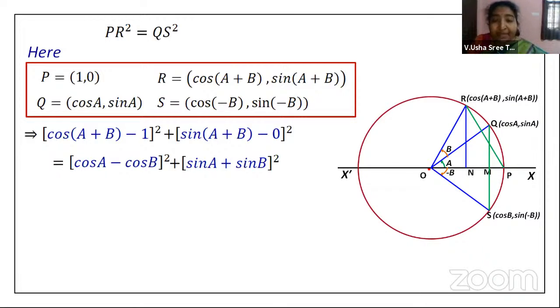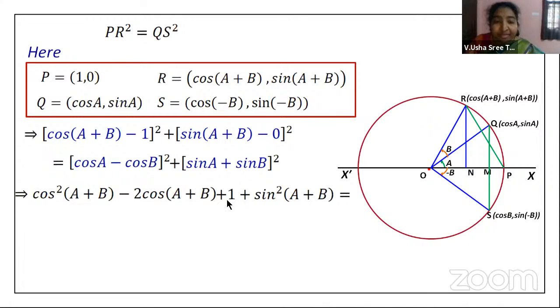Then we will expand it by taking the A plus B whole square form, children. Now this is the A minus B form. Therefore, we will say cos square of A plus B minus 2 cos of A plus B, 2AB, right? Plus 1. 1 square is 1. Plus sine of A plus B minus 0 is sine of A plus B only, whole square of that.